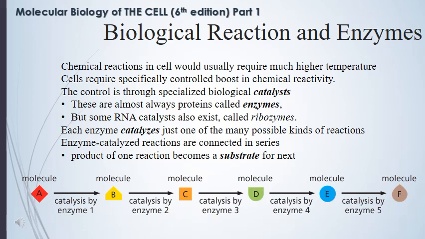Now, another very important molecule for biological systems are enzymes. And this is because chemical reactions that actually occur in the cell would normally require much higher temperatures to occur.